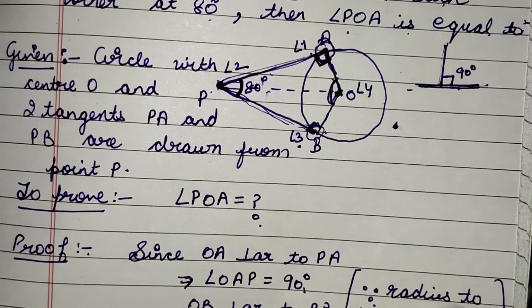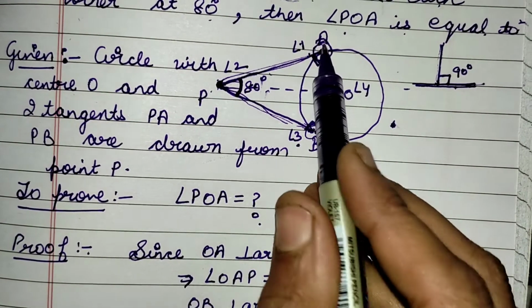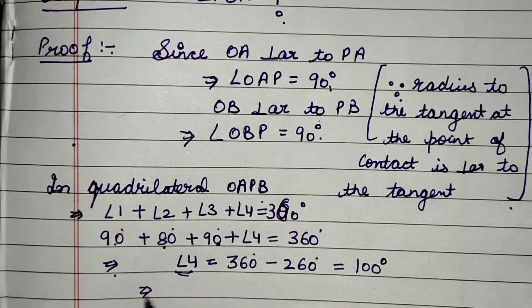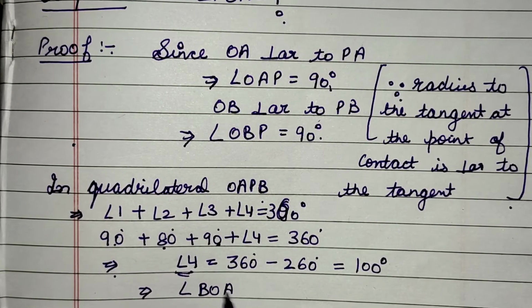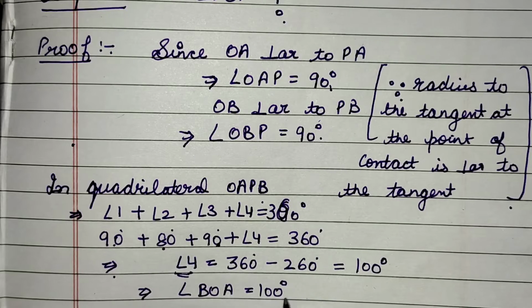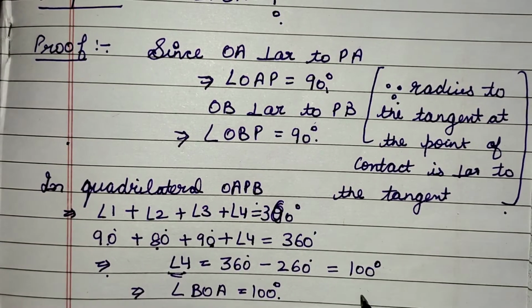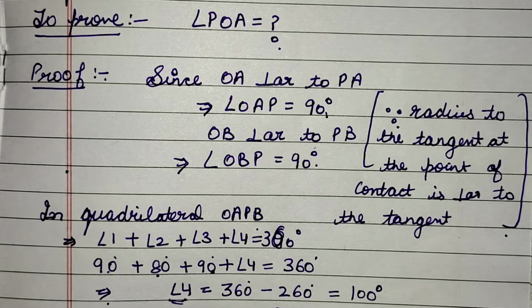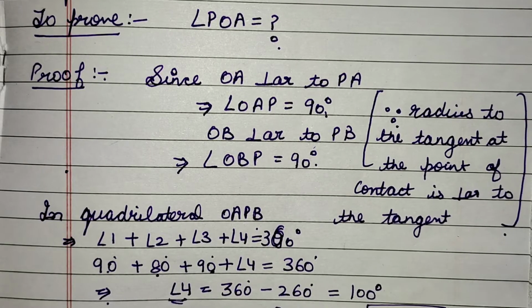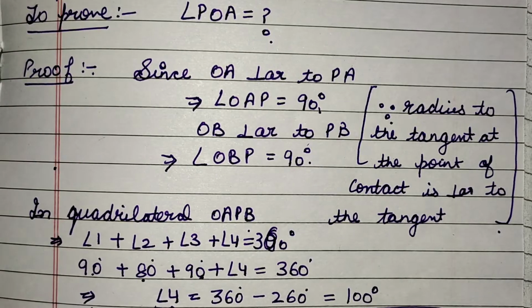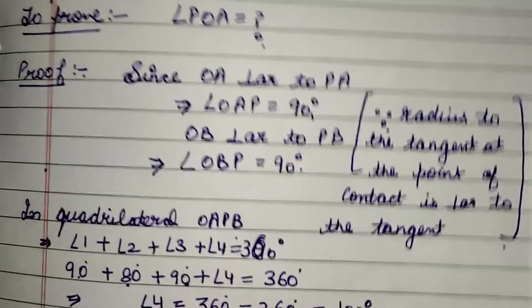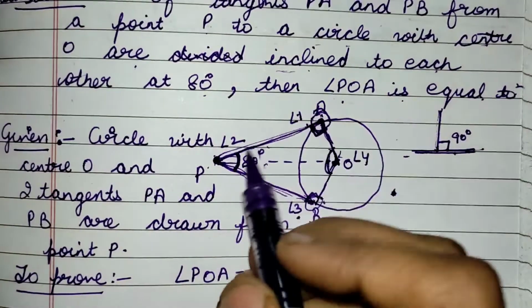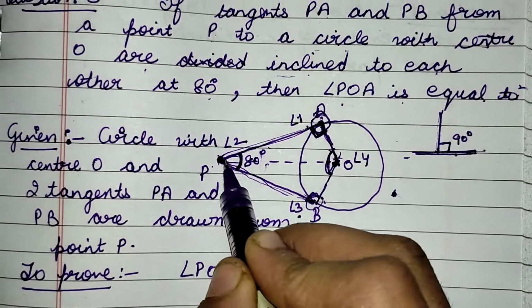This angle 4 is this complete angle BOA. So angle BOA is equal to 100 degrees. But what do I have to find out? I have to find out angle POA. For that, the approach I am going to take is to use these two triangles, triangle POA and triangle POB.